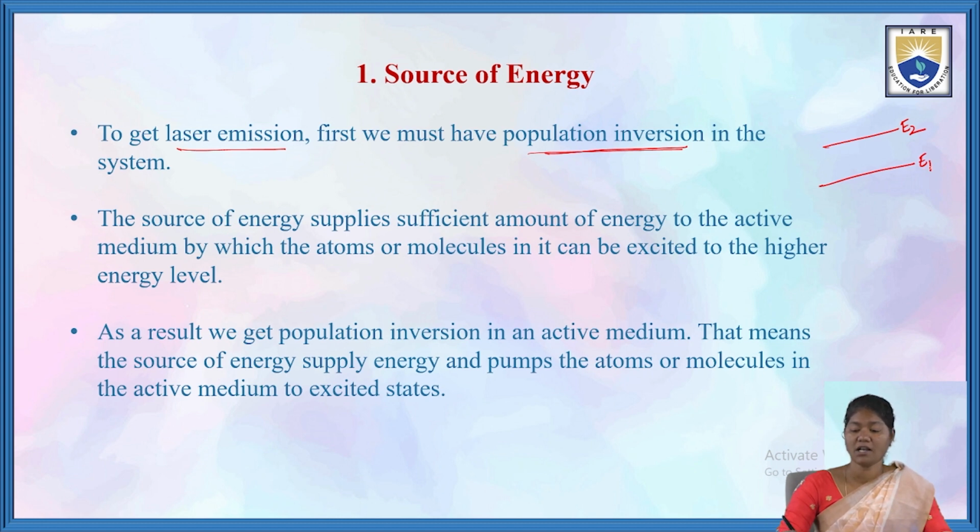So let E1 be the lower energy level, E2 the higher energy level, N1 the number of atoms per unit volume in the energy level E1, and N2 the number of atoms per unit volume at the energy level E2.